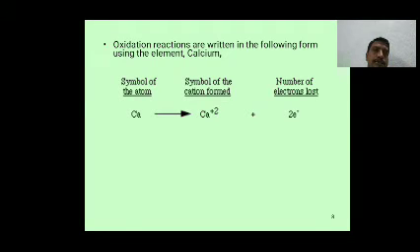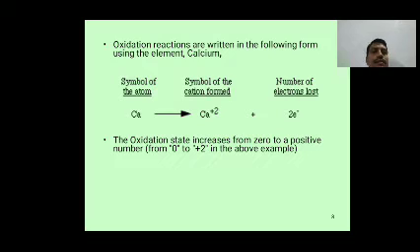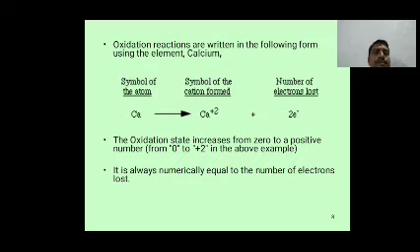The oxidation number increases from 0 to +2, with 2 electrons lost from its valence shell. The oxidation state increases from 0 to +2 in the above reaction, called an oxidation reaction. The charge is numerically equal to the number of electrons lost from the atom or molecule.